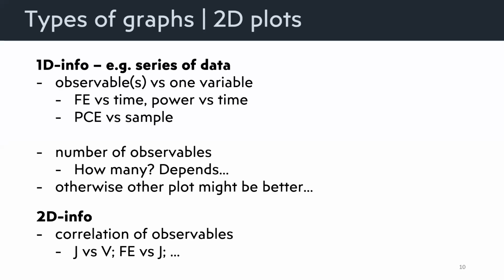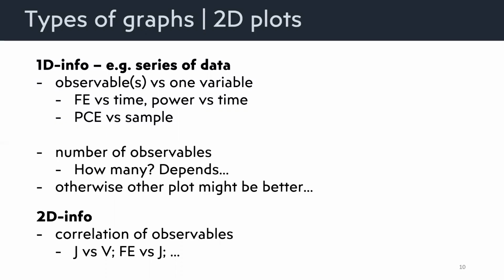Four looks like a good number. So 3 or 4 to me looks like the largest number of graphs that one should show in the same plot. If you have to show more than this, it will very likely be the case that you have to use a different plot.